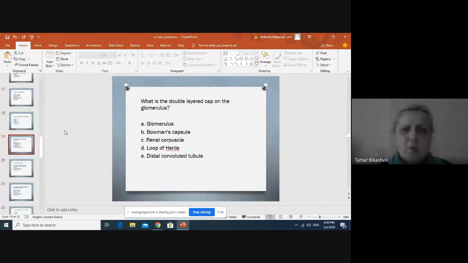The next. What is the double-layered cap on the glomerulus?